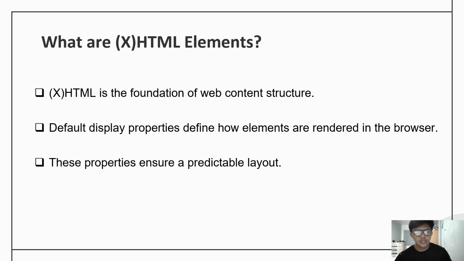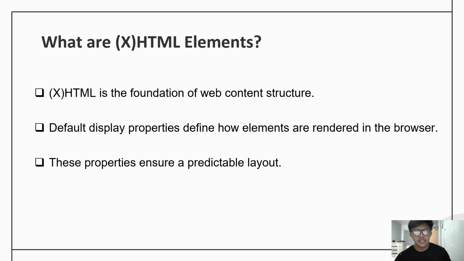The second one is default display properties. They define how elements are rendered in the browser. So elements have a default way of being displayed unless explicitly styled using CSS.